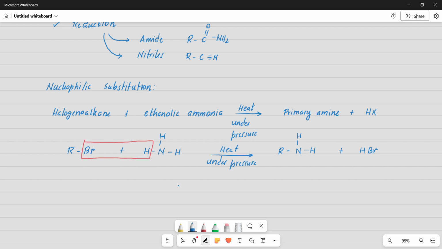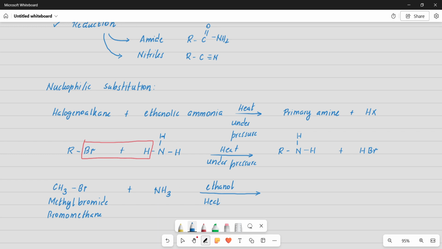If I replace this R group by CH3, then this is called methyl bromide or bromomethane. Systematic name is bromomethane, and I am treating this with ammonia. I write NH3 simply, and the reaction takes place in ethanol.